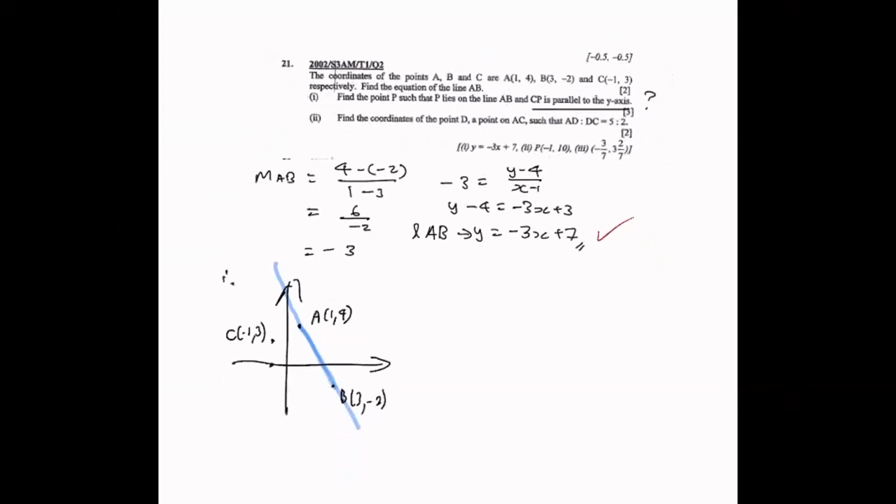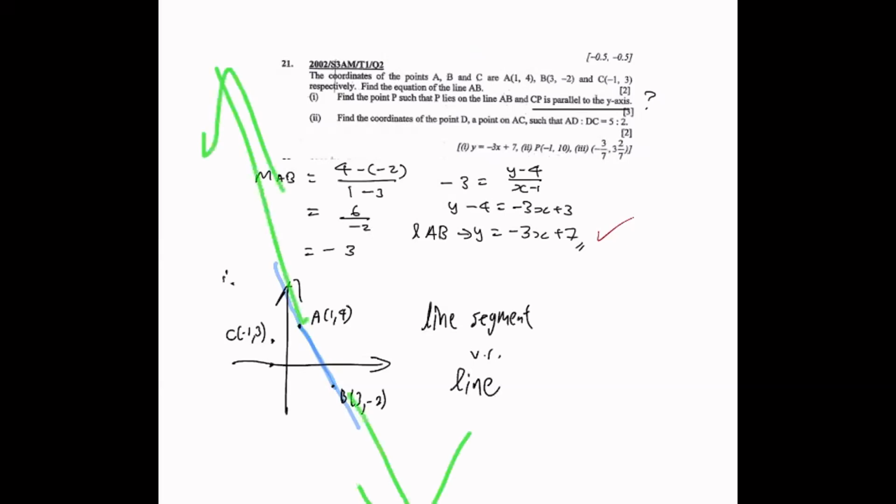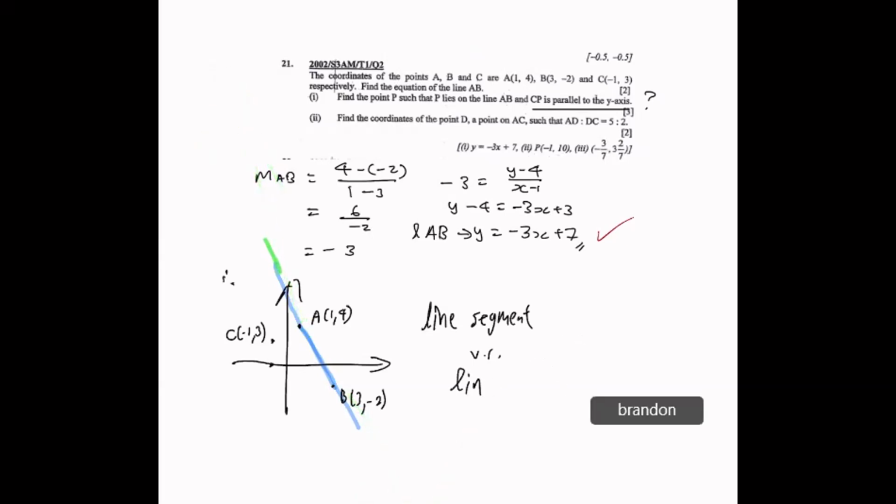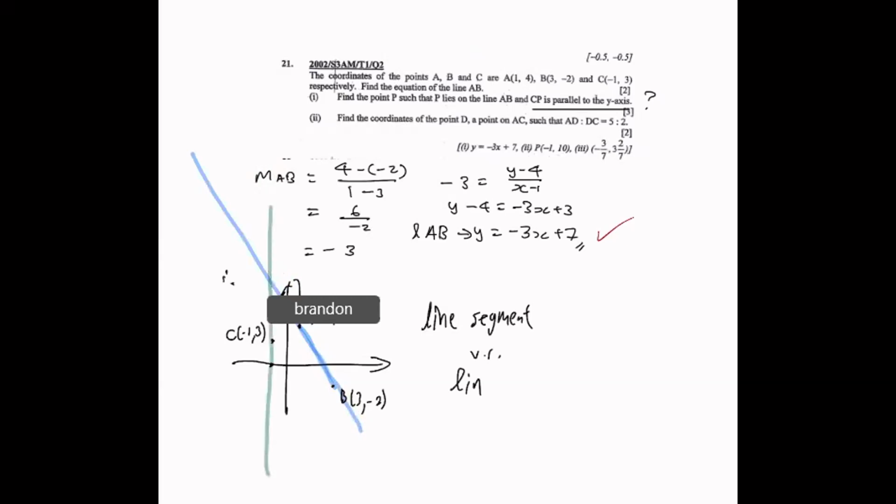Line AB is not referring to line segment AB. Please take note of the difference between line segment versus line. A line extends in both directions forever. In particular, it extends in this particular direction over here, such that here is a vertical line that is parallel to the y-axis, the green one.